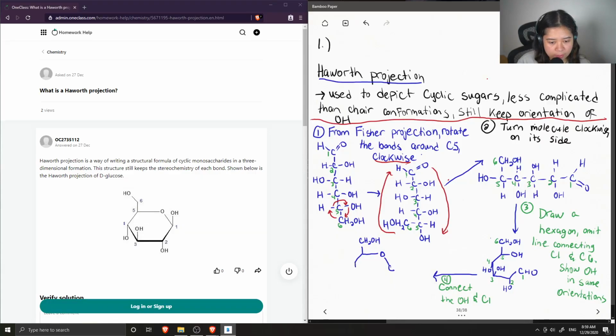You can also draw in the hydrogens, but for the sake of clarity, I'm just going to leave it be and show just the alcohol groups.